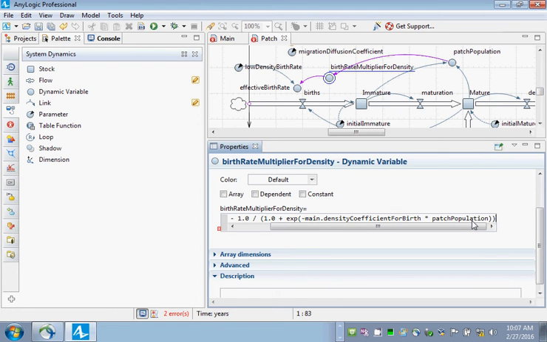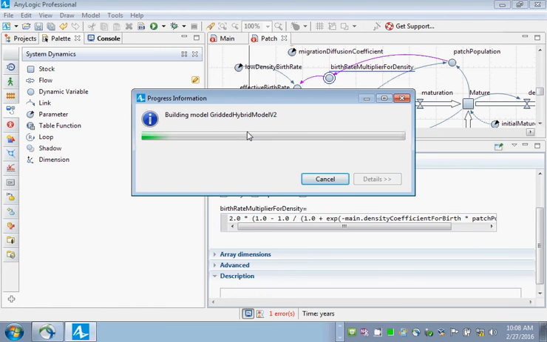This guy, the effective birth rate, takes into account not only the birth rate at low densities, but also this multiplier effect coming from densities, the fact that our births tend to be lower at higher densities. Okay, so I built it. It's a happy camper.